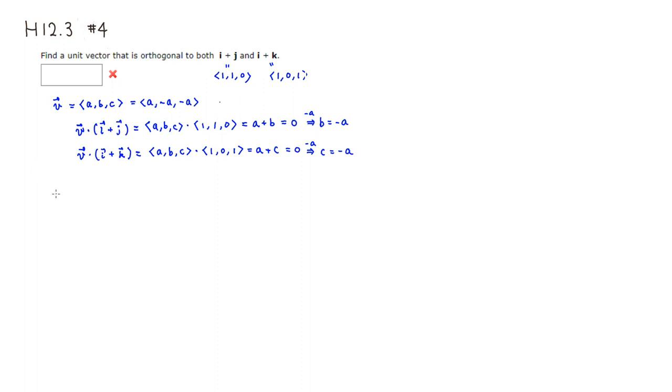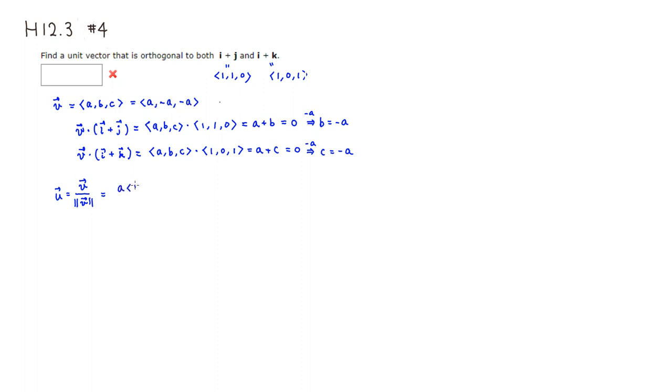So all we have to do is make sure that this has unit length. So unit vector u is simply the vector v, which is already pointing in the right direction, and then we just divide through by its magnitude. Everyone has an a, so I'm going to pull out the a.